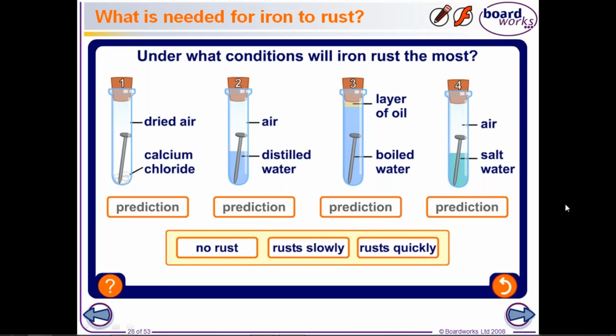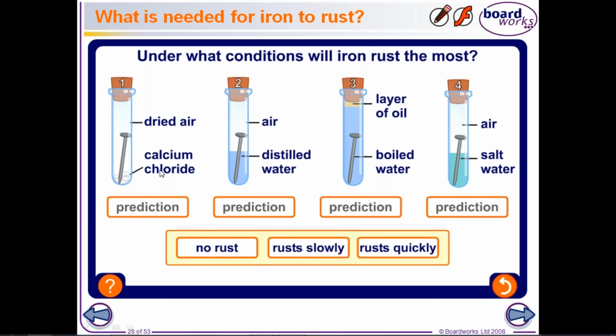I'm going to read what's written here. So we have 4 test tubes, and in each of them we have an iron nail. We are going to investigate what conditions will allow this iron nail to rust.